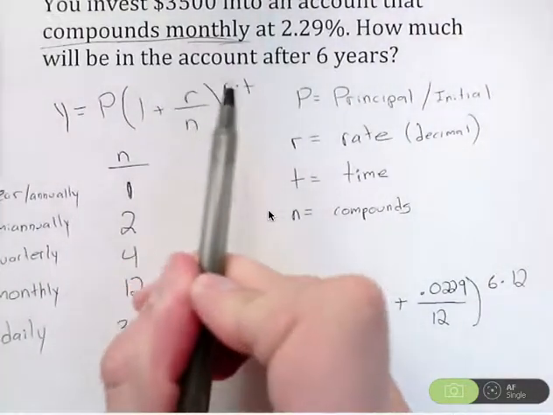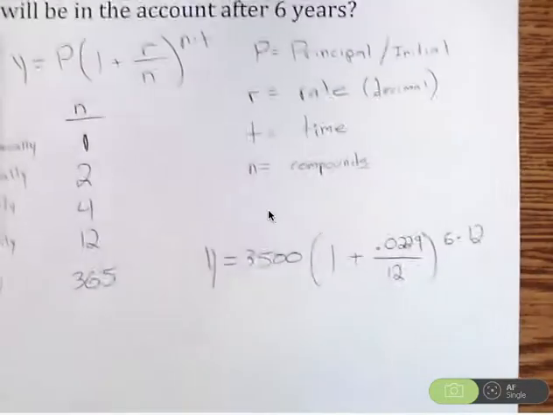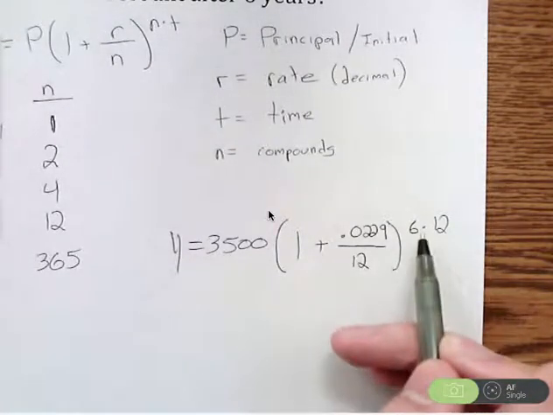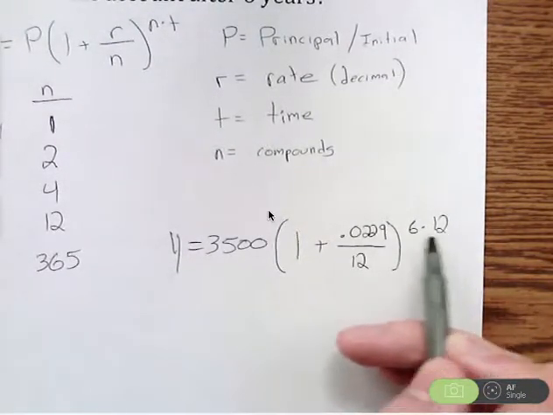Notice how there's also an N up in the exponent. I could plug this into a calculator, plug and chug it all out. One thing I would do to help you just a little bit is figure out what this exponent is, instead of typing in 6 times 12 in a calculator.